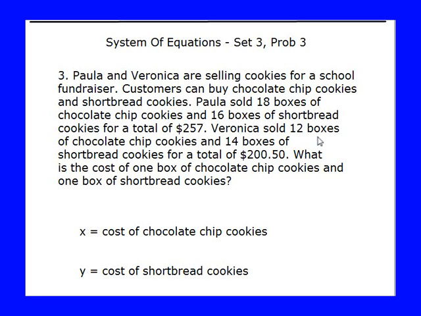Veronica sold 12 boxes of chocolate chip cookies and 14 boxes of shortbread cookies for a total of $200.50. What is the cost of one box of chocolate chip cookies and one box of shortbread cookies?